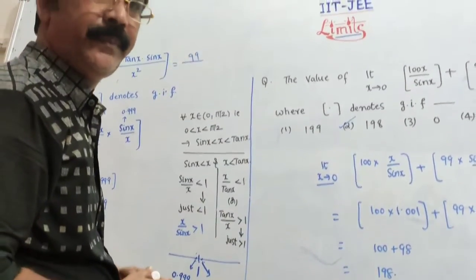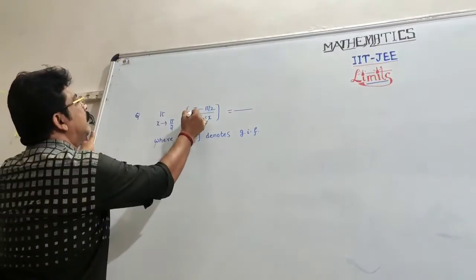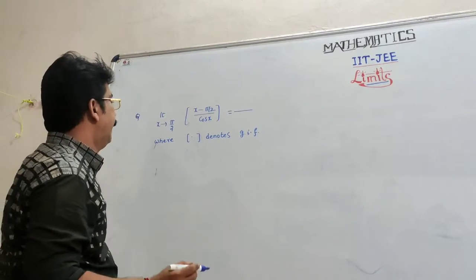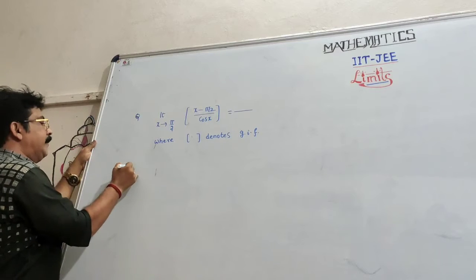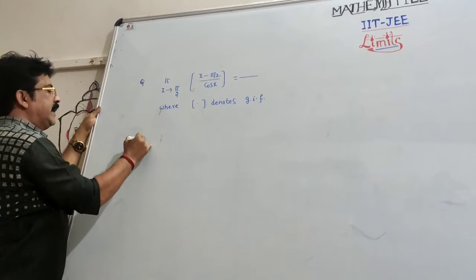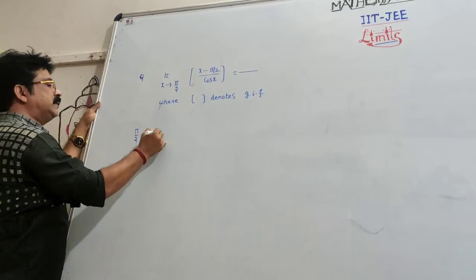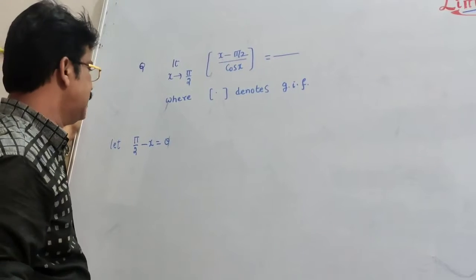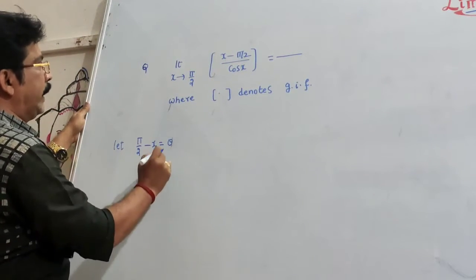Hence the next problem: limit as x tends to pi by 2 of box of (x minus pi by 2) divided by cos x. Here we have to take pi by 2 minus x equal to theta. Let it be like that: pi by 2 minus x equals theta. Okay.